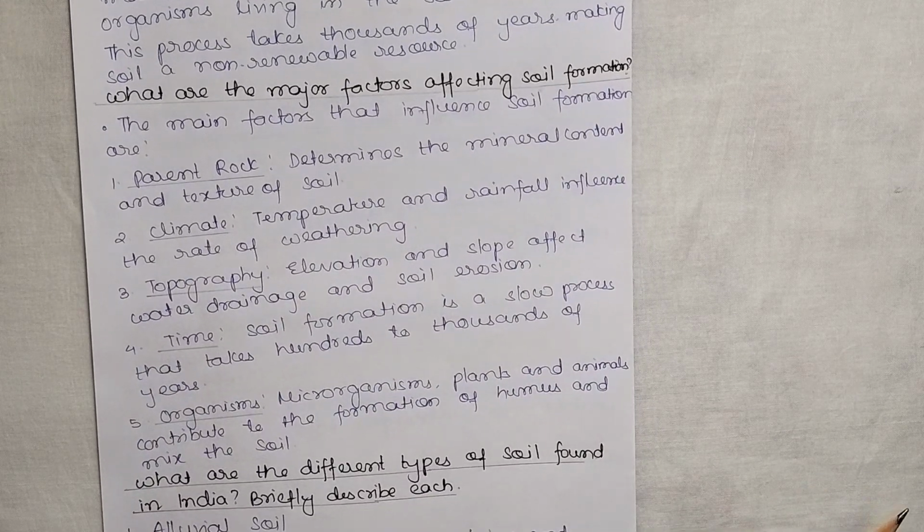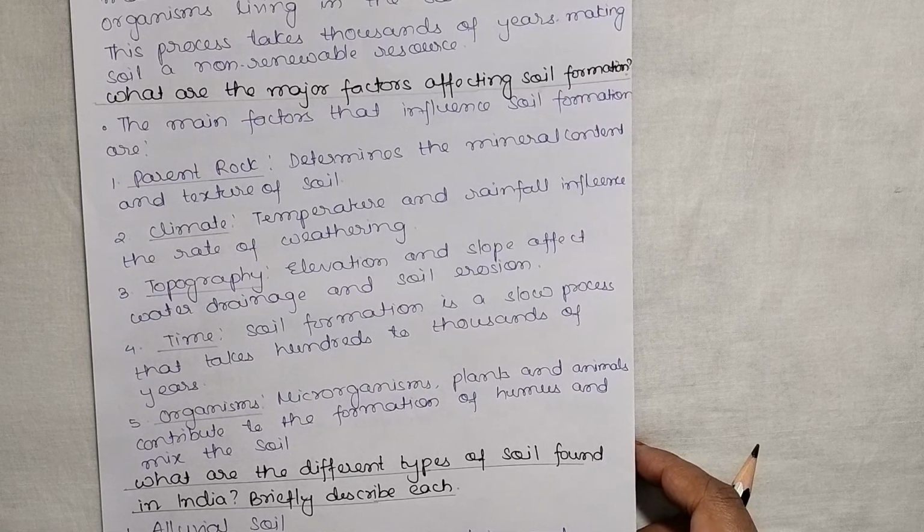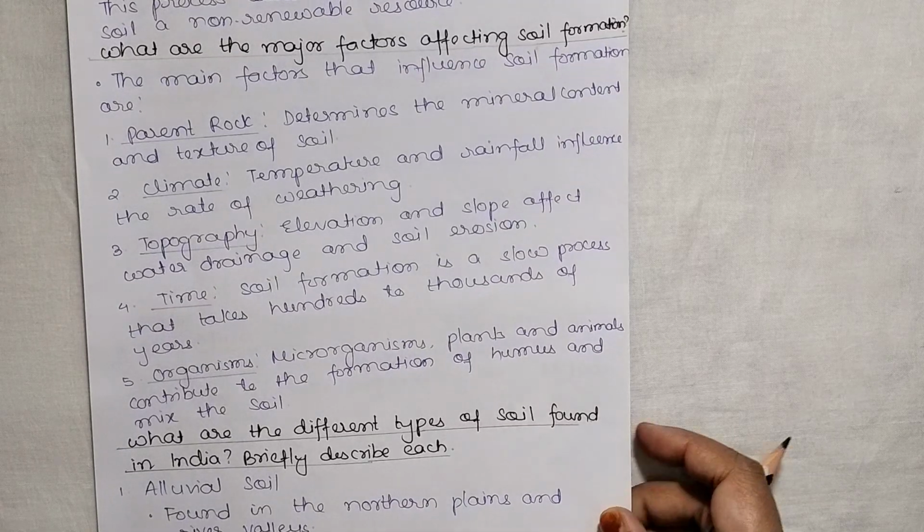Now next is, what are the major factors affecting soil formation? Right now we have seen how soil is formed. Now let us see what are the factors that may affect this soil formation. The first is parent rock. Parent rock determines the mineral content and texture of soil, right? Next is the climate.